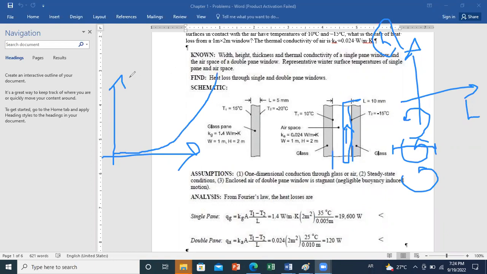On the other hand, if you draw the conduction profile, it will be exactly the opposite. For very small values of L, you have high conduction rate, and as L increases, conduction will decrease.